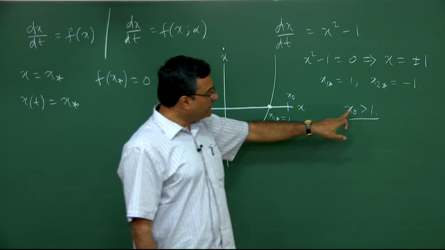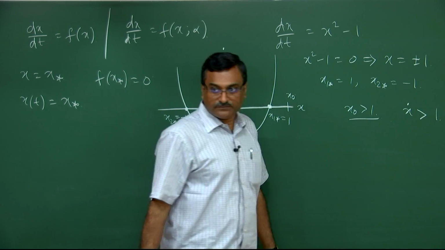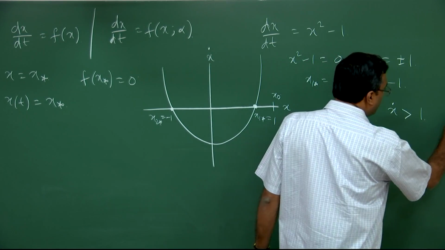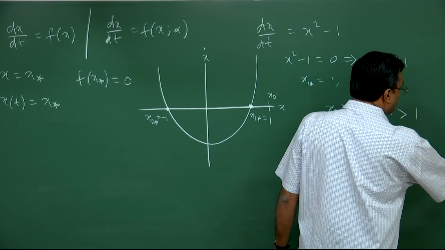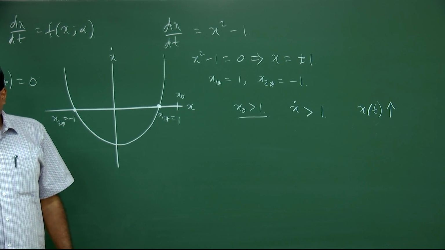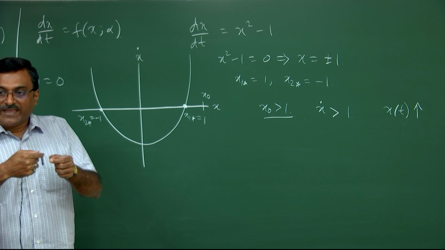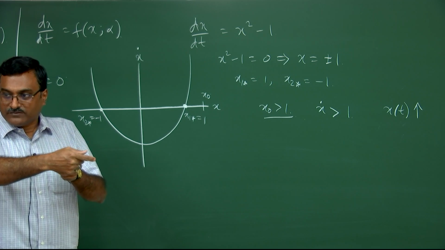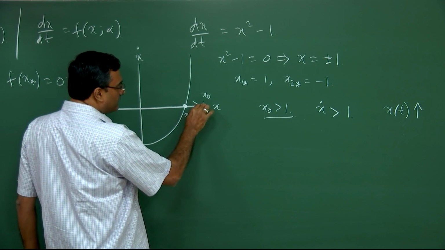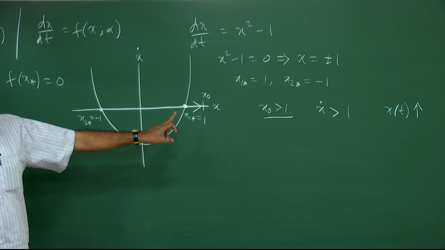If your x0 is greater than 1, then x dot is also greater than 0. So we can conclude that x(t) is an increasing function of t. From whichever point you start, x(t) will take values greater than the initial value. So if you start from a point like this, solution trajectories will have a tendency to go away from this equilibrium point.